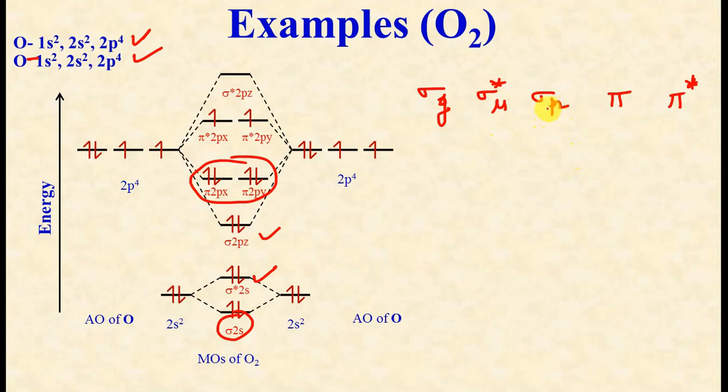The sigma bonding molecular orbital formed from pz orbitals is also symmetric with respect to the center of inversion i, whereas pi bonding molecular orbitals, which were formed by the sidewise overlapping of either px orbitals or py orbitals, had uneven, unequal distribution. So that's why they will be represented as u, meaning unsymmetric with respect to the center of inversion, whereas pi anti-bonding molecular orbitals were symmetric with respect to the center of inversion.